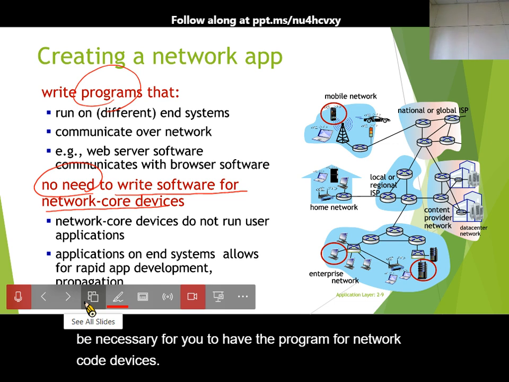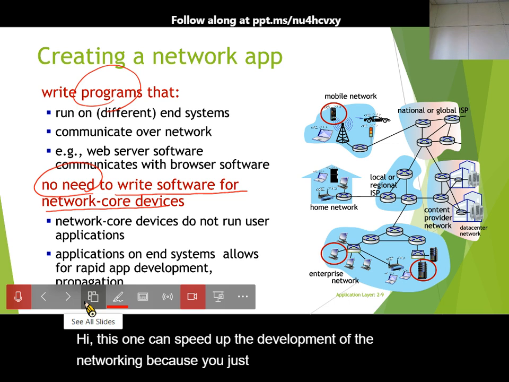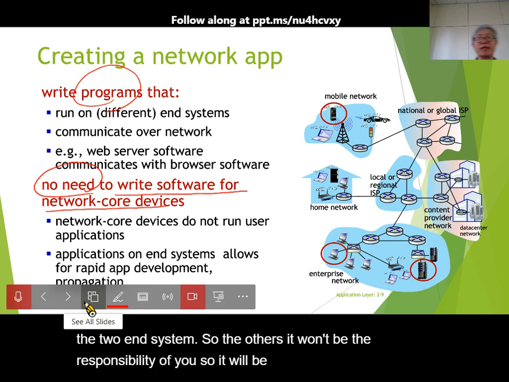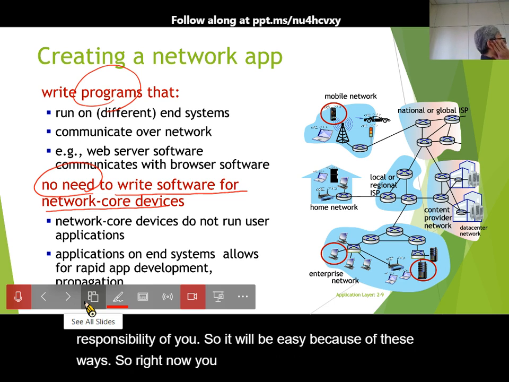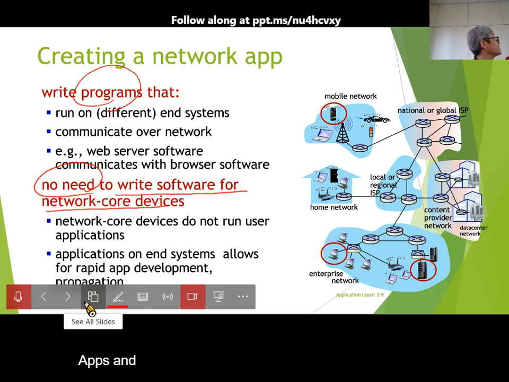This can speed up the development of networking, because you just care about the software for the two end systems. The others won't be your responsibility. So it will be easy. Because of this, right now you can understand the current status of networking. We have a lot of apps, and we have an easy way to communicate.